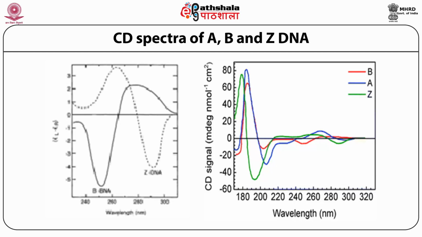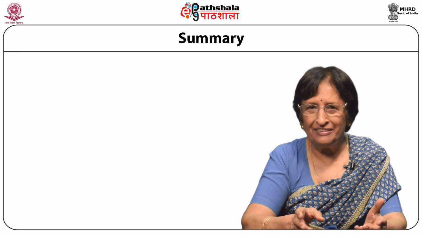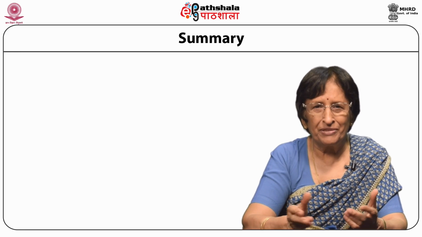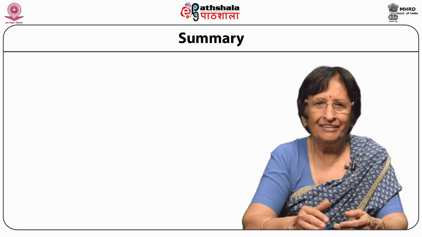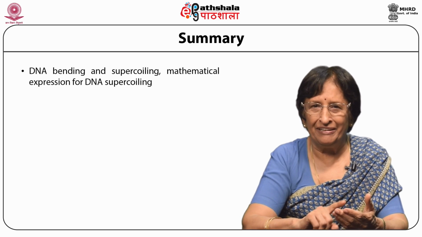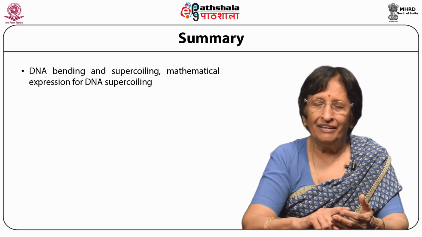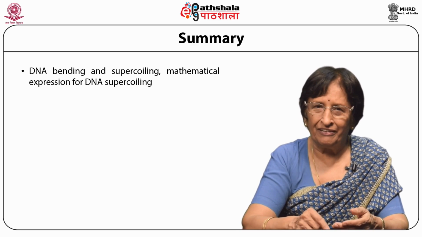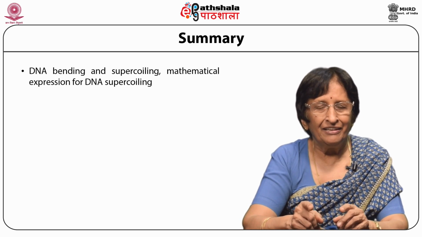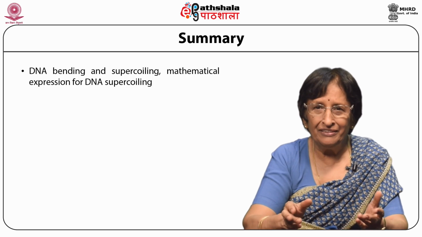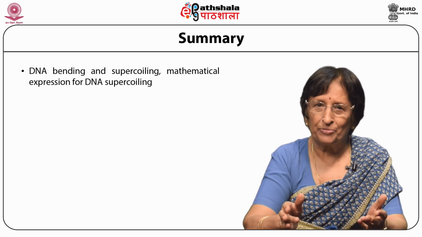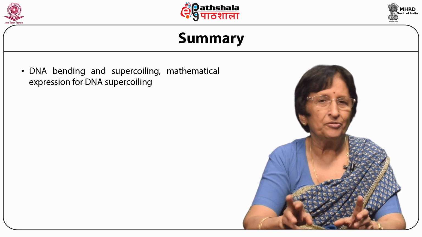So students, what we have learnt in today's presentation? We have learnt first what is DNA bending and what is DNA supercoiling. We have seen how to quantitate DNA supercoiling, the mathematical expression used for DNA supercoiling.